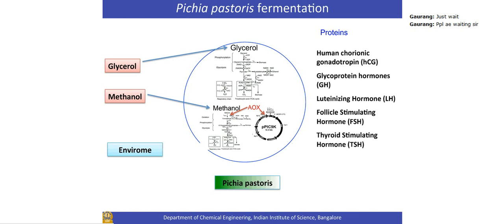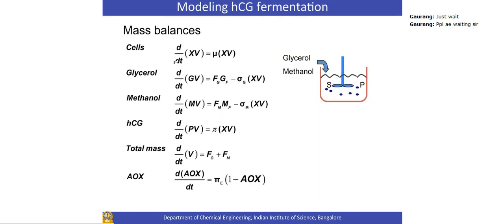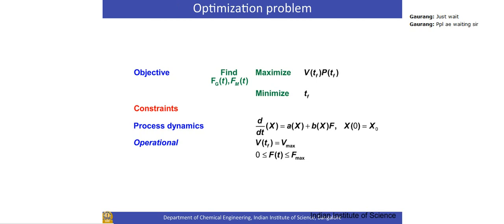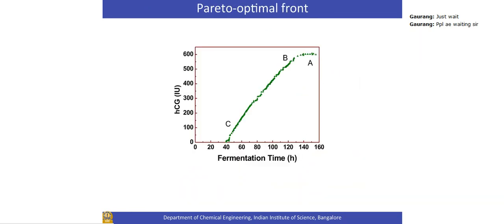Okay. So we have one more question. This is regarding the Pareto optimal front. The question is, dynamic optimization tools continue to evolve, so which optimization software is being used? Gaurav, one minute. Can you repeat the question?